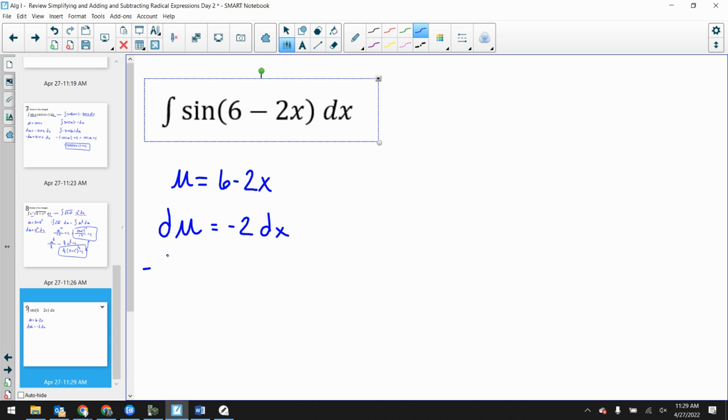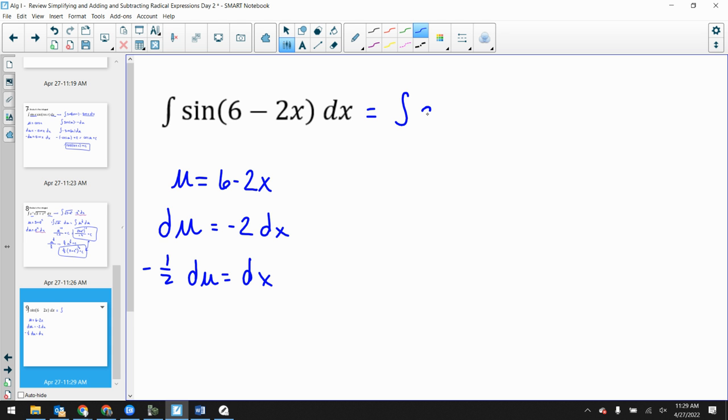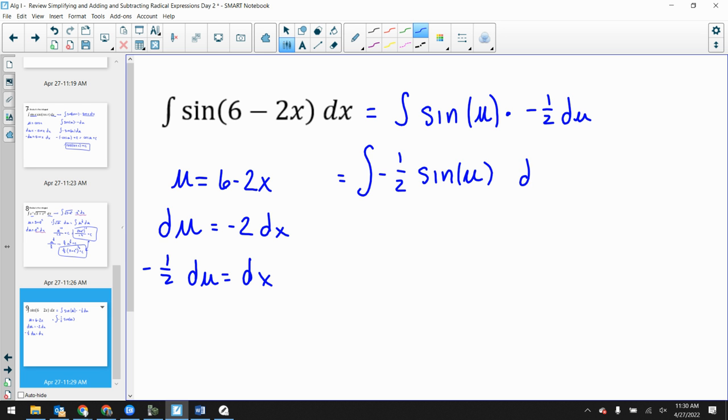Okay, so that means I've got a negative 1/2 du is dx, which was all well and good in the key. But what happened here is I screwed up my trig rule. So the integral of sine u times negative 1/2 du. Bring the negative 1/2 out front. The integral of negative 1/2 sine u du.